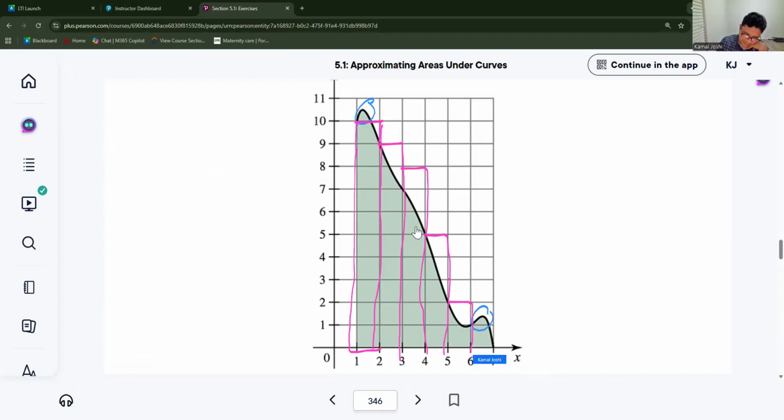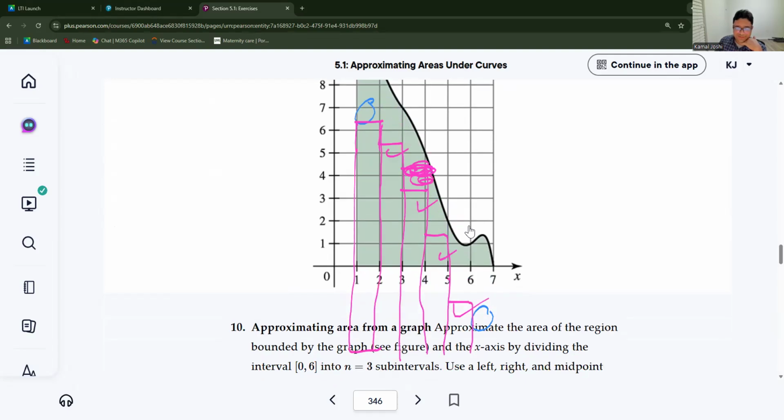And here again, overestimate. So the left endpoints would be these rectangles. Oh, I think I did not do this correctly. Here, not that. Okay, I think others are correct. So these are mostly overestimates. If a function is decreasing, then the left endpoints give you an overestimate. That's the idea.